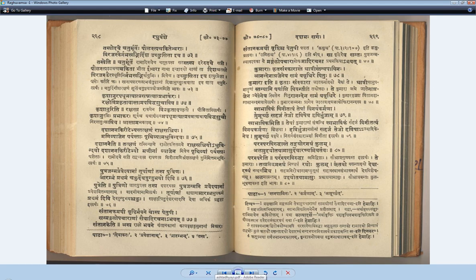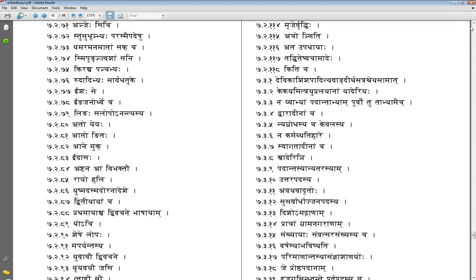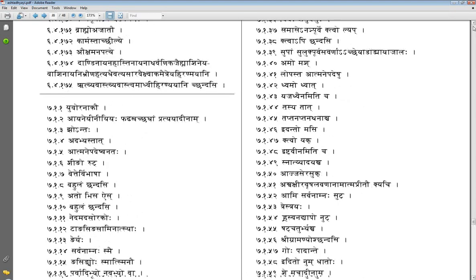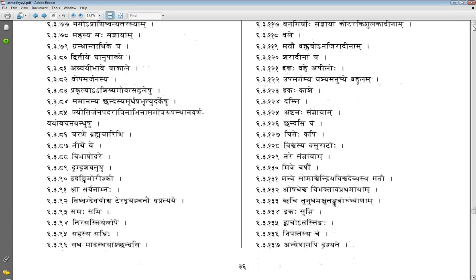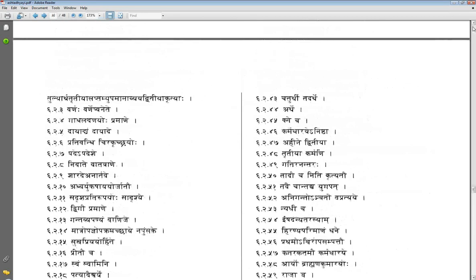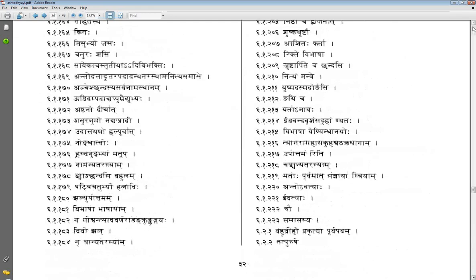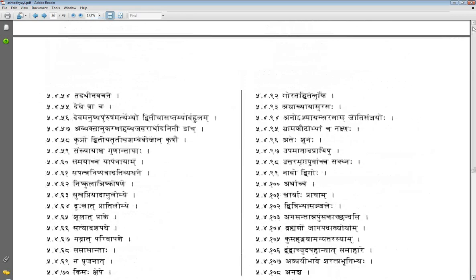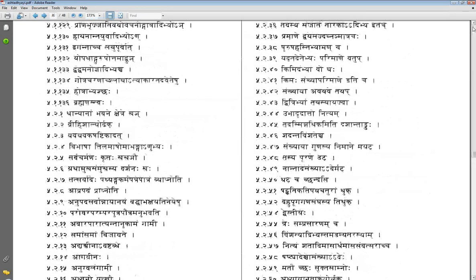So the su and am are lost after neuter pratipadikams. So we have jagat becomes jagat only. Of course, for the word vana you have an exception. It becomes atovam. So this is all coming in 7.1.